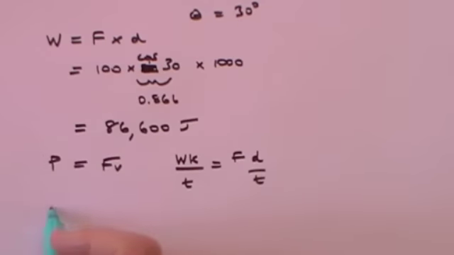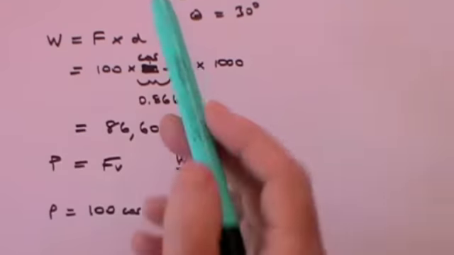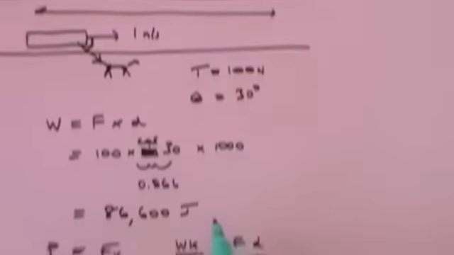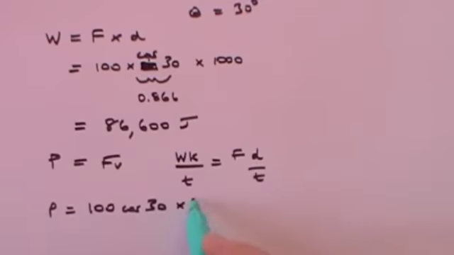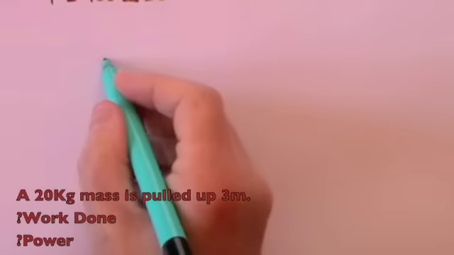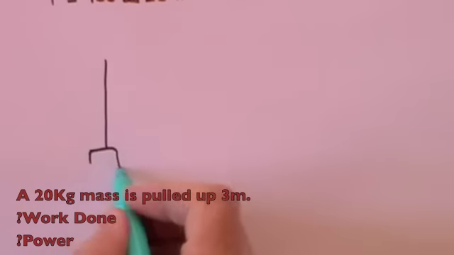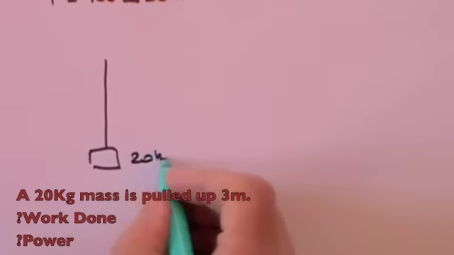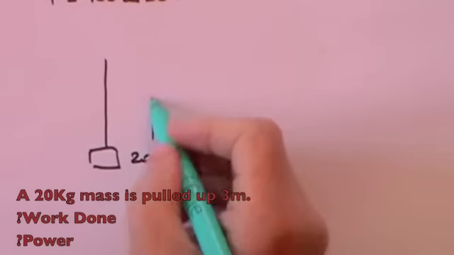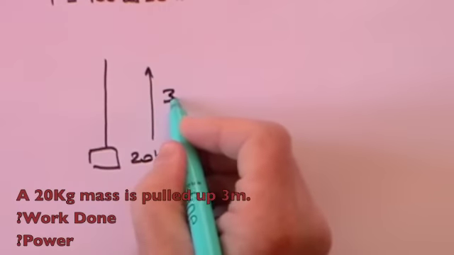And that means that the power is equal to the force, which once again is 100 times the cosine of 30, multiplied by the velocity, which I told you was 1 metre per second. So this is all times 1, and that will get you 86.6 watts.